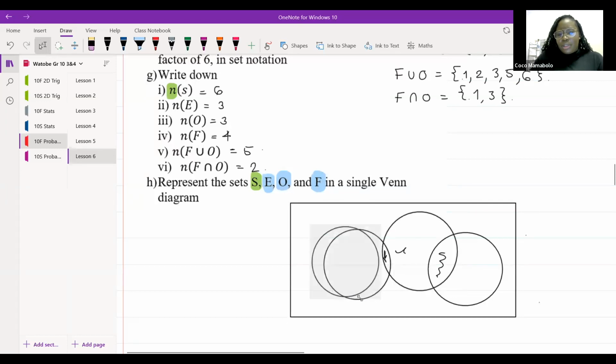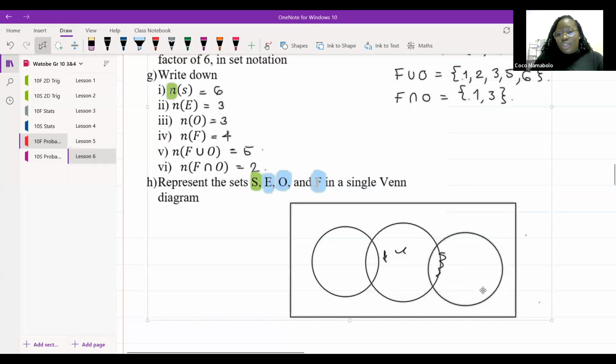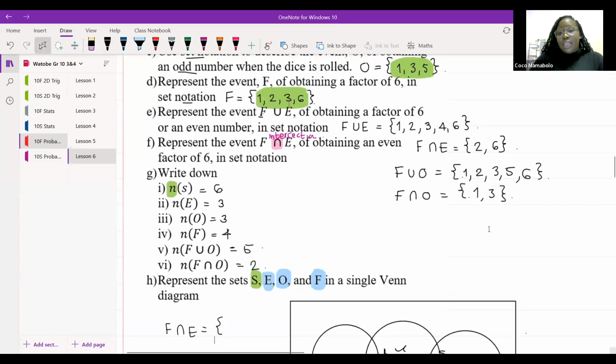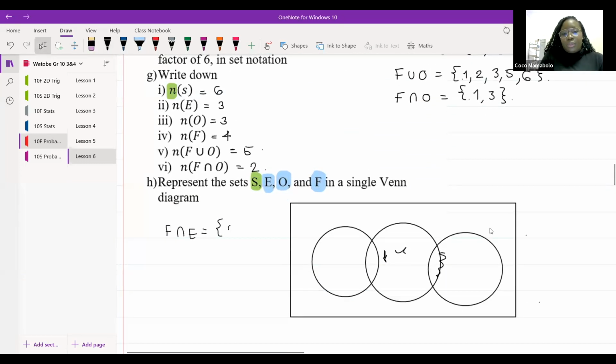So let's go find the intersections of each of these. There are going to be 2 intersections, right? The intersection of F with E is 2 and 6. The intersection of F with O is 1 and 3.